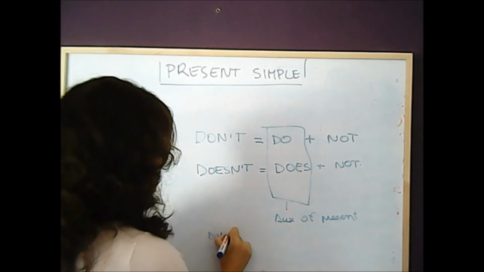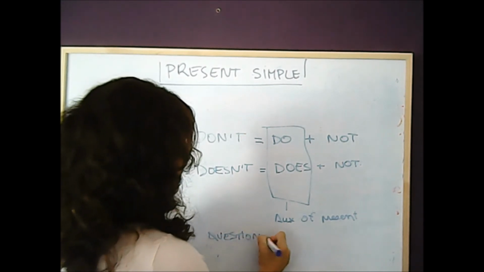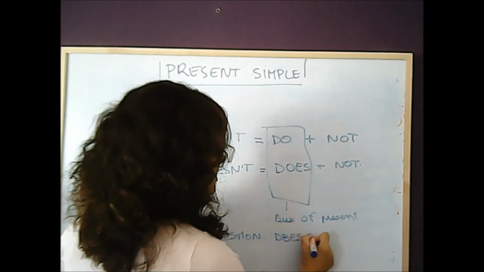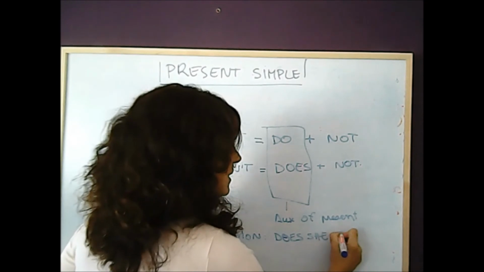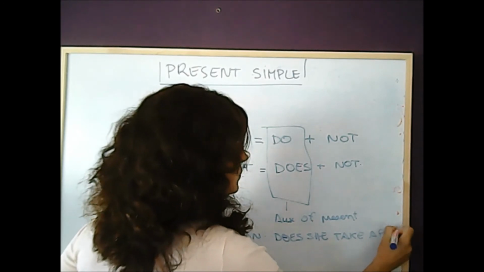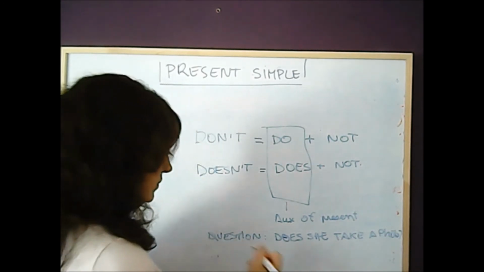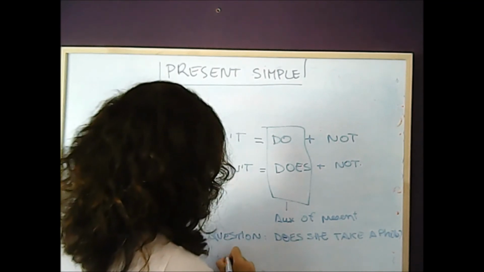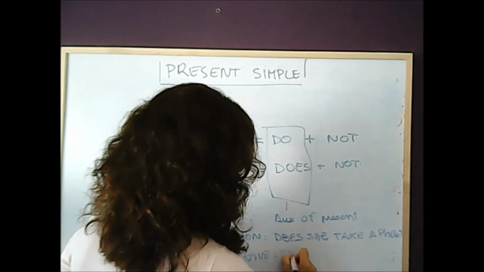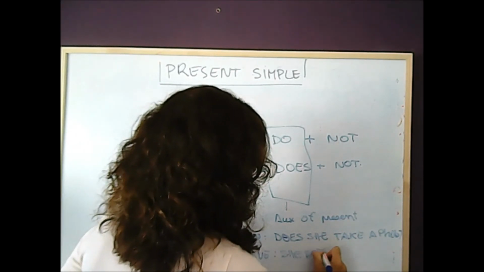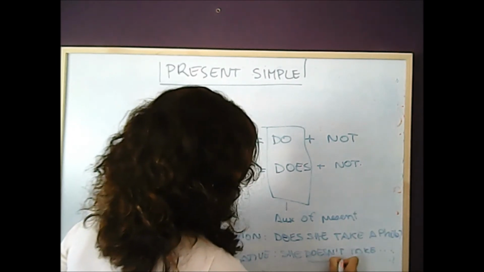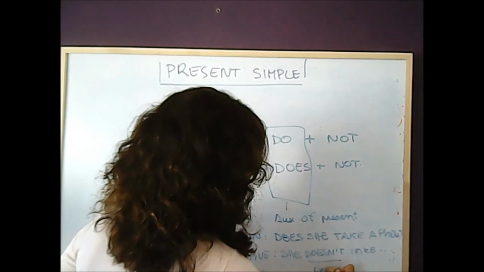In the question, we say, does she take a photo? And in the negative, we say, she doesn't take a photo. Because doesn't is does plus not.